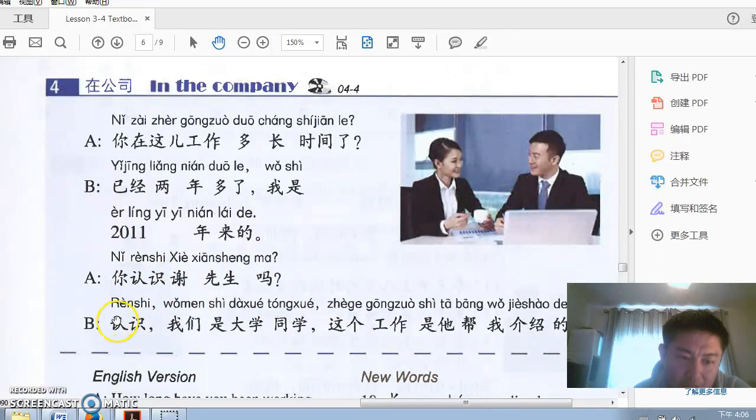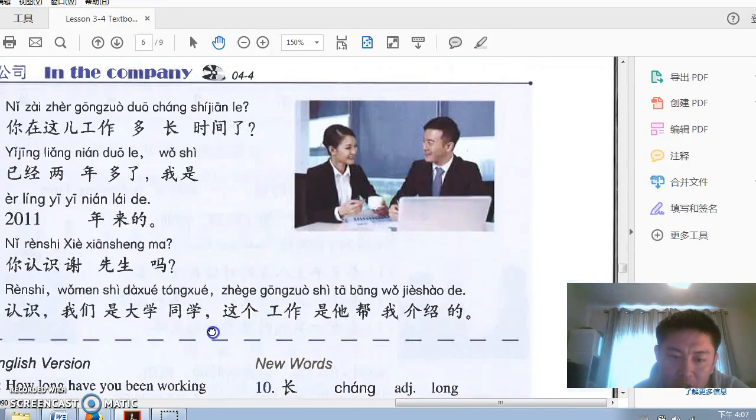And B says, 认识. 我们是大学同学. 认识, the verb on its own, to give affirmative. 我们是大学 okay, middle school or secondary school 中学, primary school 小学同学. 这个工作, that's the title of the lesson. This job is he helped me introduce. What job? What kind of job this is? It is a job that he helped me introduce or recommend.